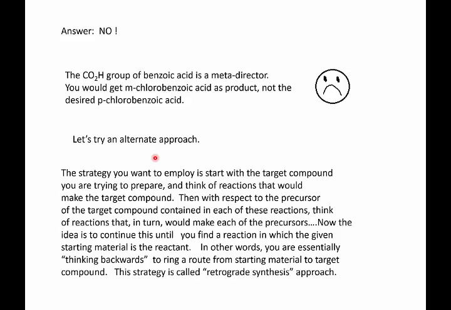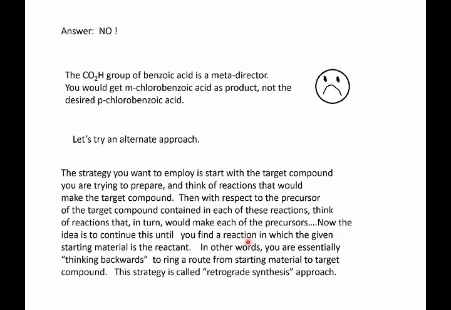Each reaction will involve some precursor to that target compound. So you look at each of those reactions, look at the precursor, and think of a reaction that will in fact make that precursor. The idea here is you're thinking backwards.